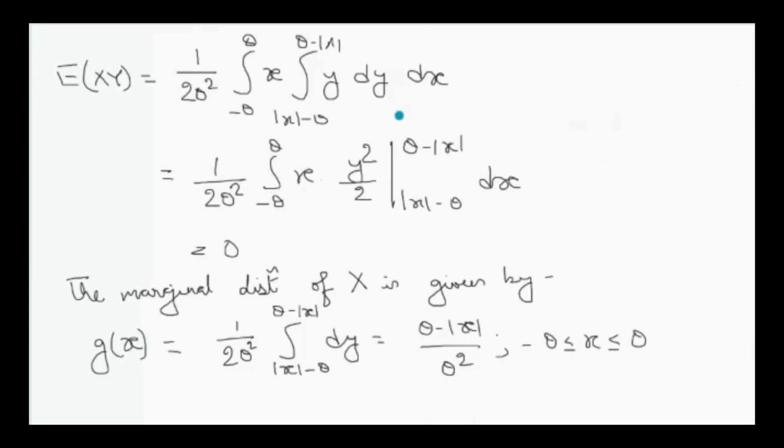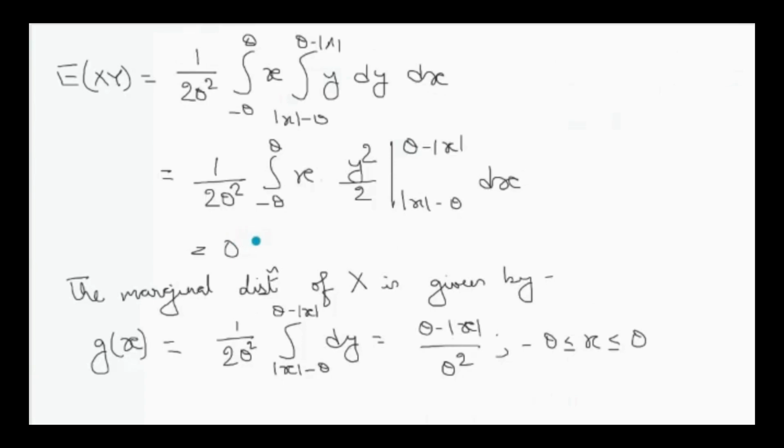Now expectation of XY is simply the integral of the function xy over this given range. Since x is constant in this integral, it comes outside, and the inner integral gives y square by 2 running from mod x minus theta to theta minus mod x, which comes out to be 0, since theta minus mod x whole square and mod x minus theta whole square subtract to 0. So expectation of XY is 0.